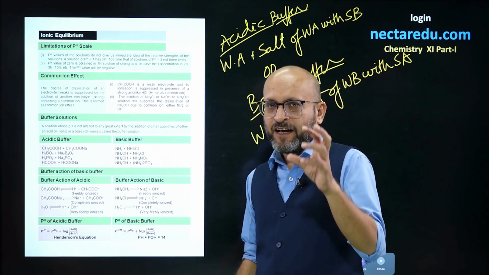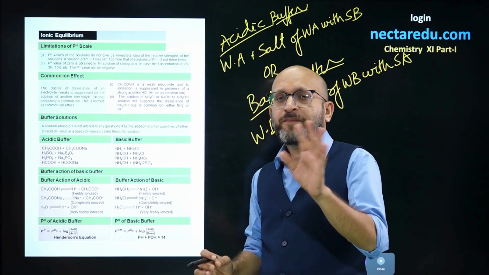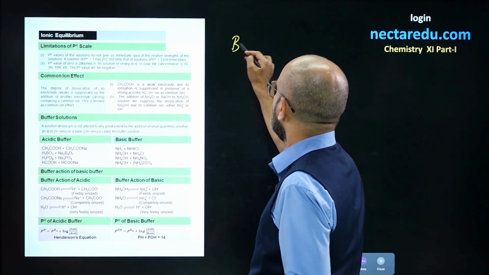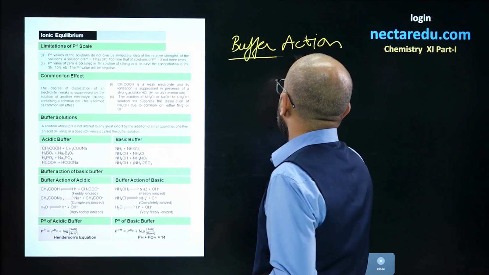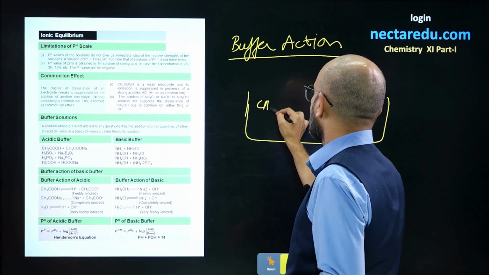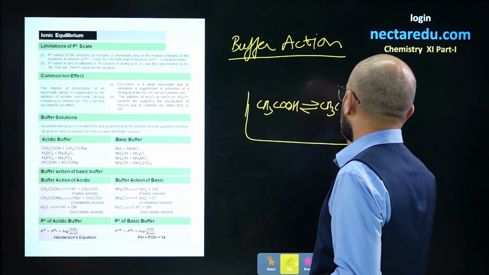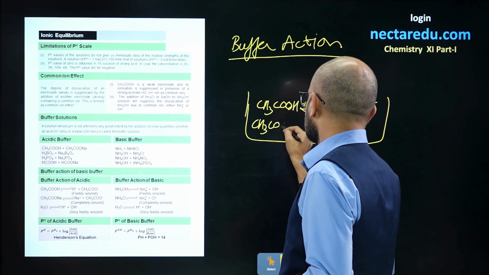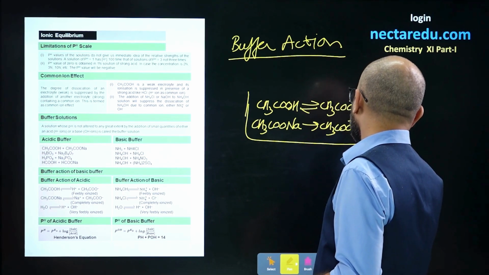Now we are going to understand buffer action, how a buffer works, that on addition of a small acid or small base, pH does not change. Let's see. Buffer action. If I take an acidic buffer, let's say you have acetic acid giving acetate ion plus H plus, and you take sodium acetate. This gives acetate ion plus Na plus.